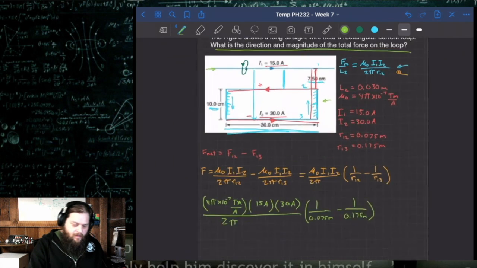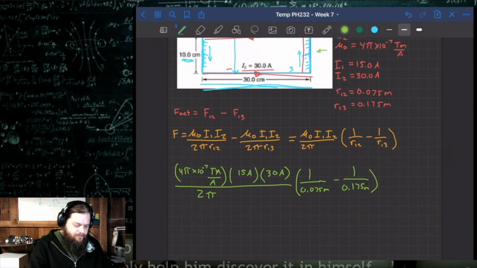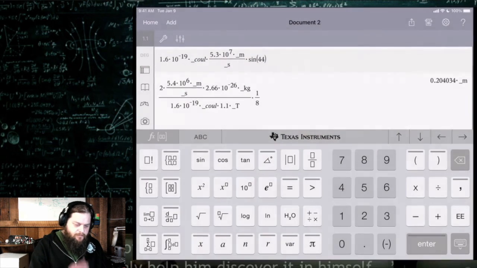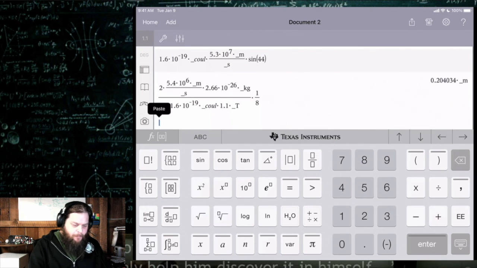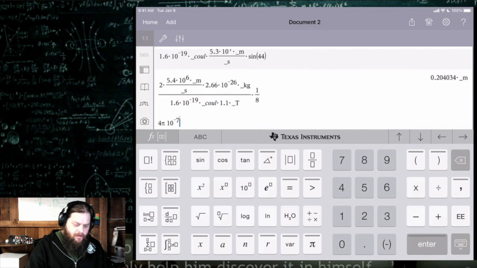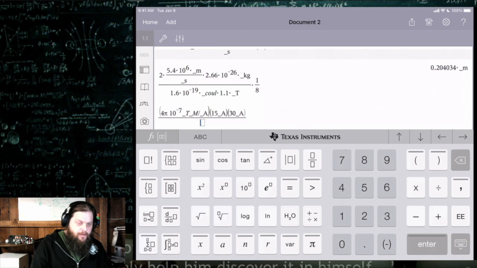All right, plugging that into our calculator. We get 4 pi times 10 to the negative 7 Tesla meters per amp, times 15 amps times 30 amps divided by 2 pi, multiply that whole thing times 1.